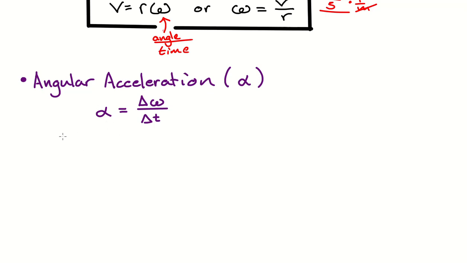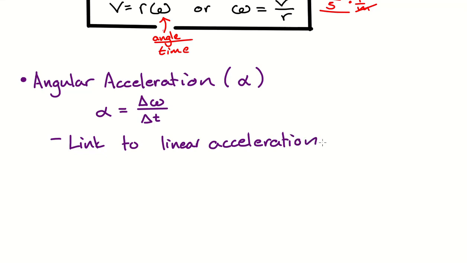We're going to just link this idea, link to linear acceleration. Cool. Why we're doing this is we want to be able to move back and forth because we're going to look at different varieties of this.